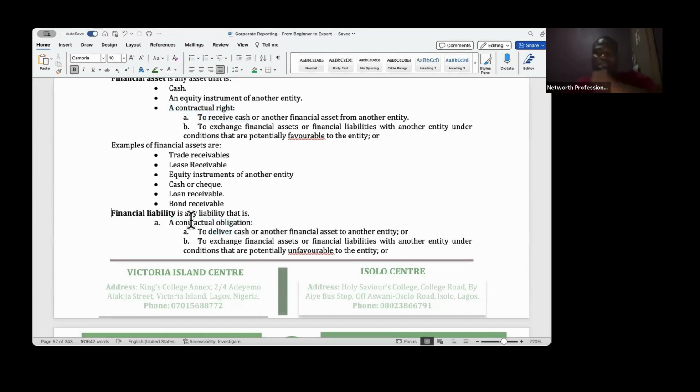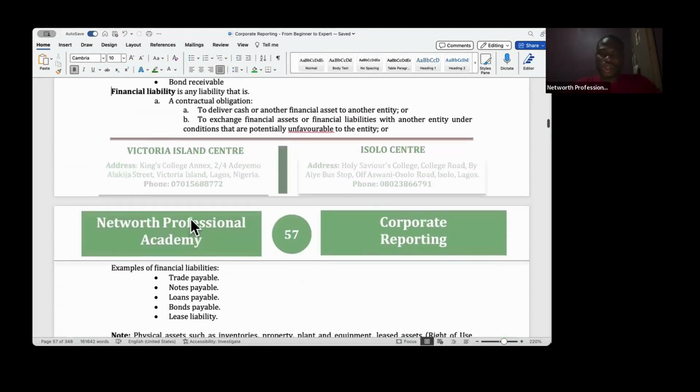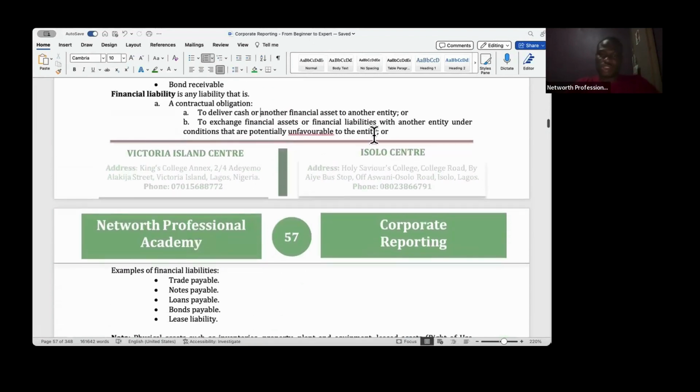Liability is an obligation to deliver cash. This other part, I won't go into it because nobody is going to ask you this in your exams. You can also look at it, but except if you just want to cram this definition, it's not an area I would want to go into with you.